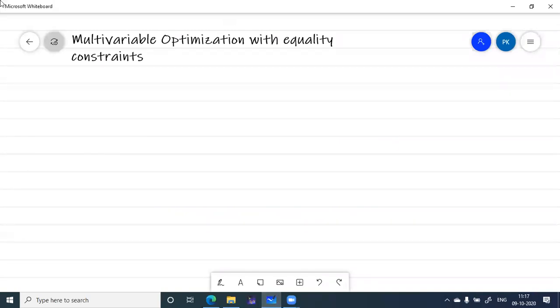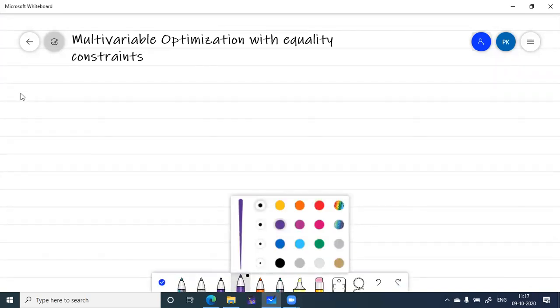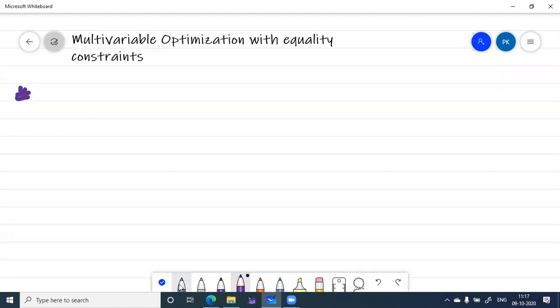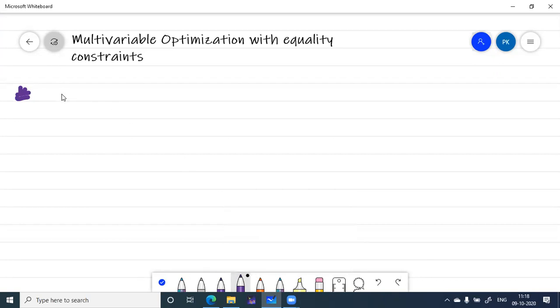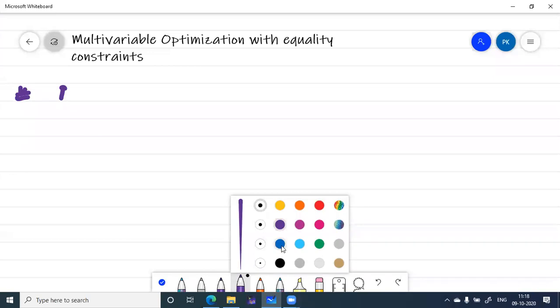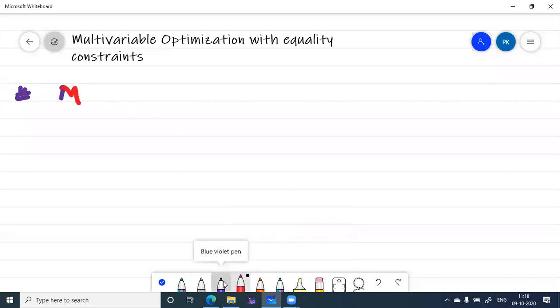Multivariable optimization with equality constraints, and the next method here is the method of Lagrange's multipliers.